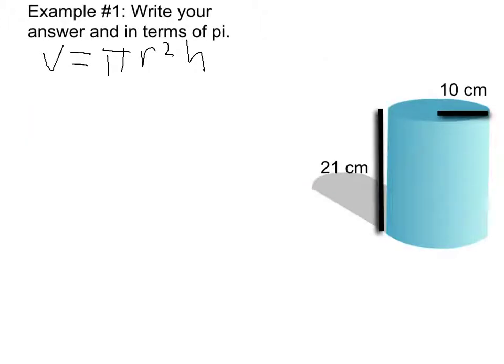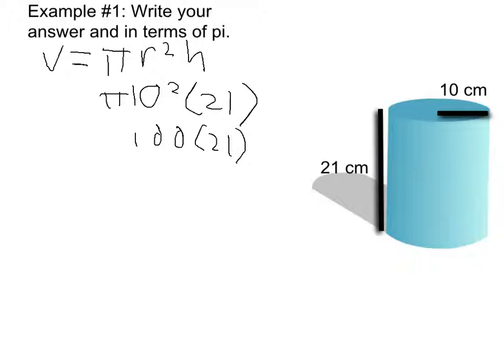The next problem is a cylinder with a radius of 10 centimeters and a height of 21 centimeters. First, you plug in 10 for r and 21 for h. 10 squared is 100 times 21 is 2,100 pi.